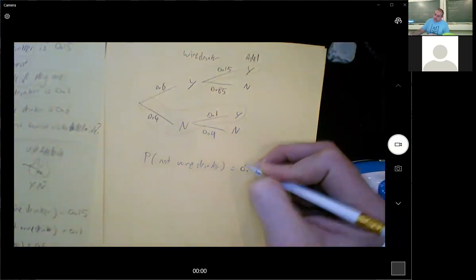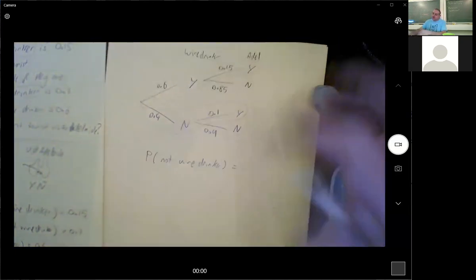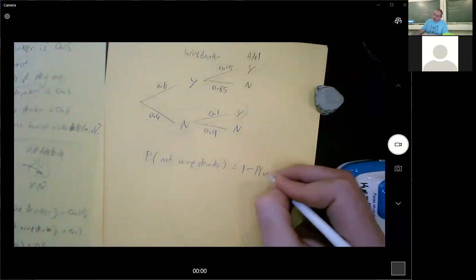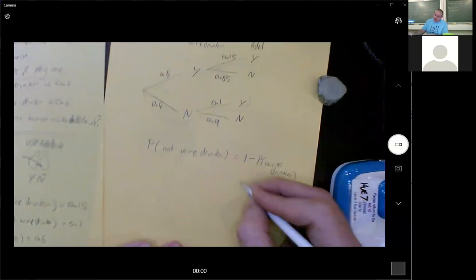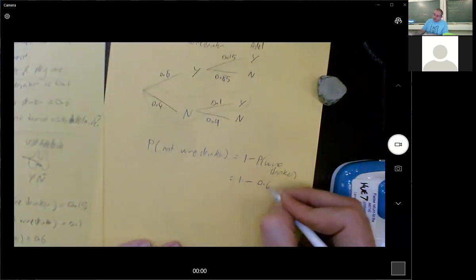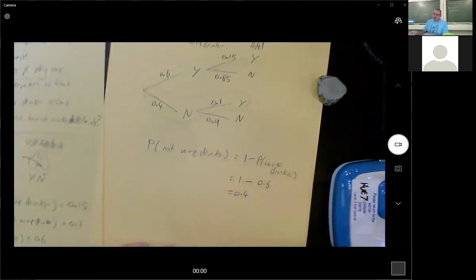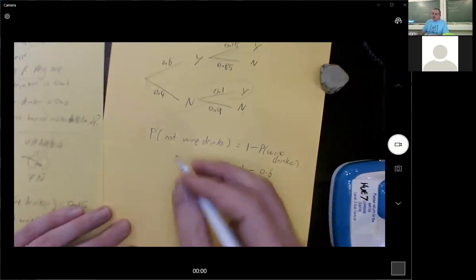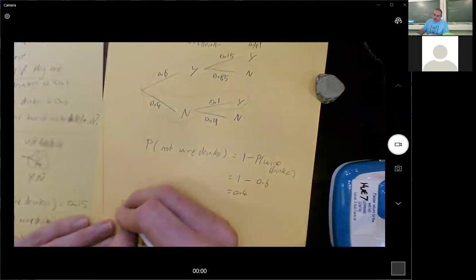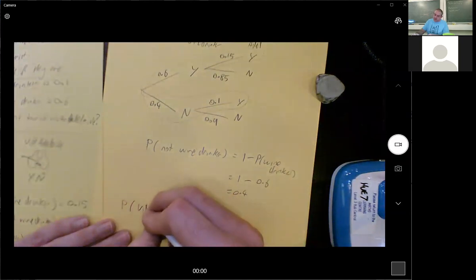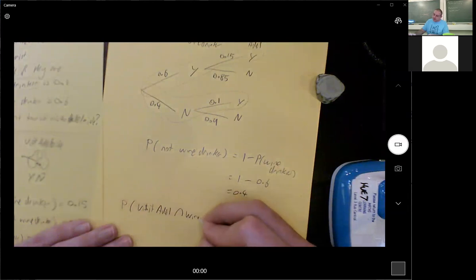So the probability of not being a wine drinker, if I'm going to do the full calculation, should be 1 minus the probability of being a wine drinker, which would be 1 minus 0.6, which is 0.4. Okay, so this story here is the probability of visiting Adelaide and also being a wine drinker.